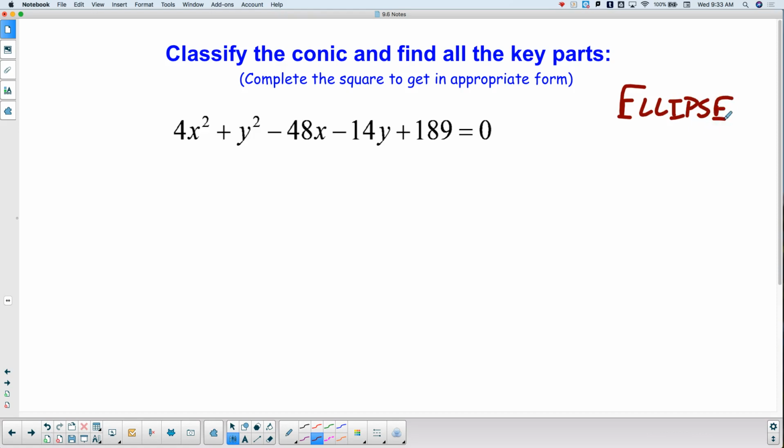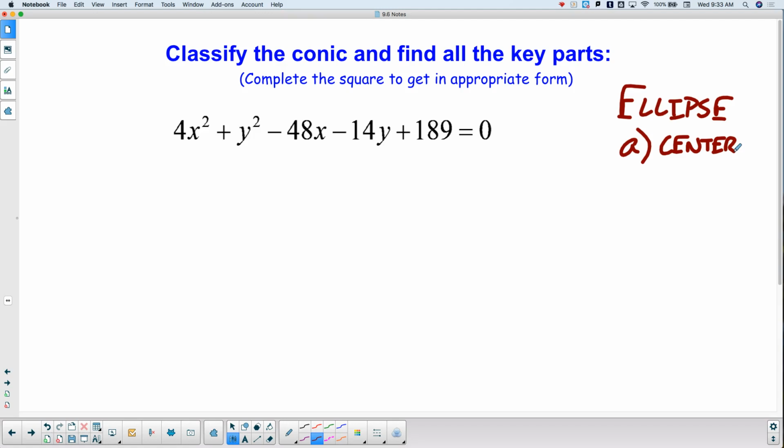Okay? So with an ellipse comes what for my key points that I want to know? I want to know my center. What else do I want to know? No? Those are just numbers. I want to know points. We've been doing ellipses for 3 weeks now.